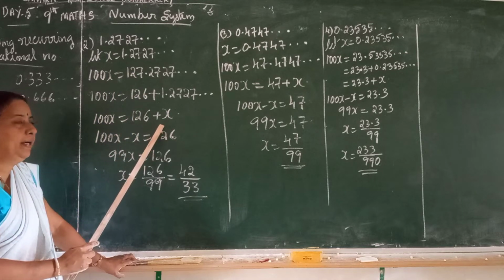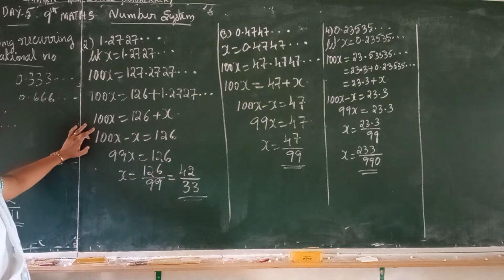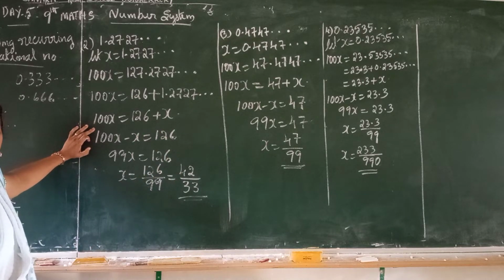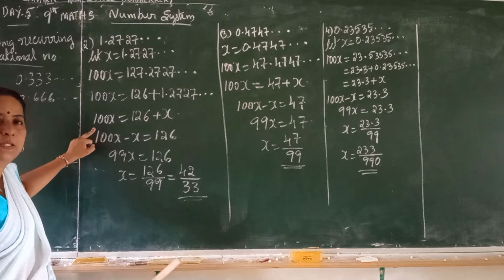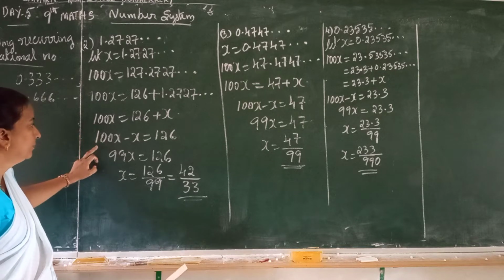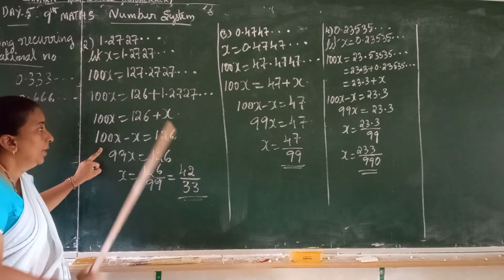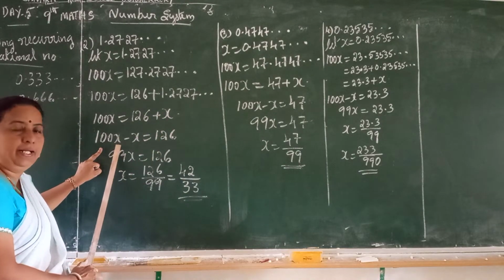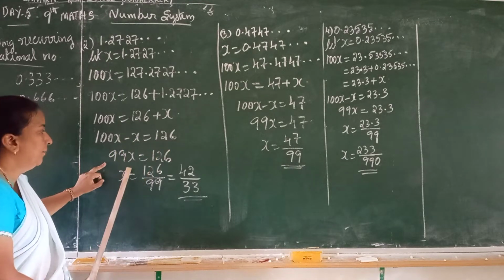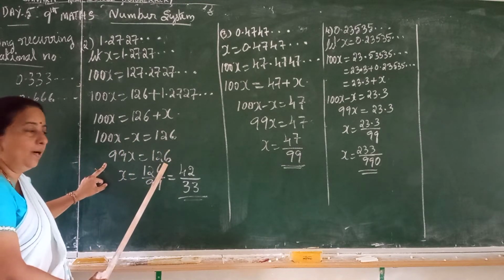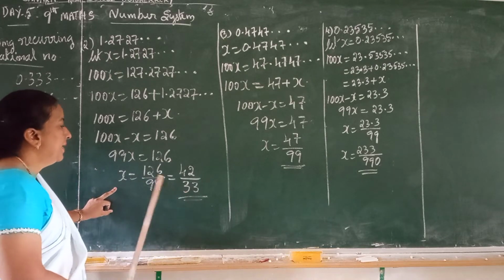So it will become 126 plus x. 100x is equal to 126 plus x. Shift x to the left hand side. 100x minus x is equal to 126. 99x is equal to 126. x is equal to 126 by 99.